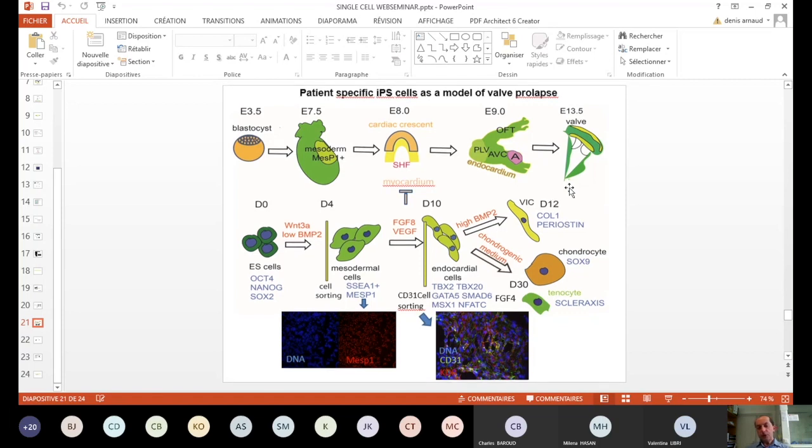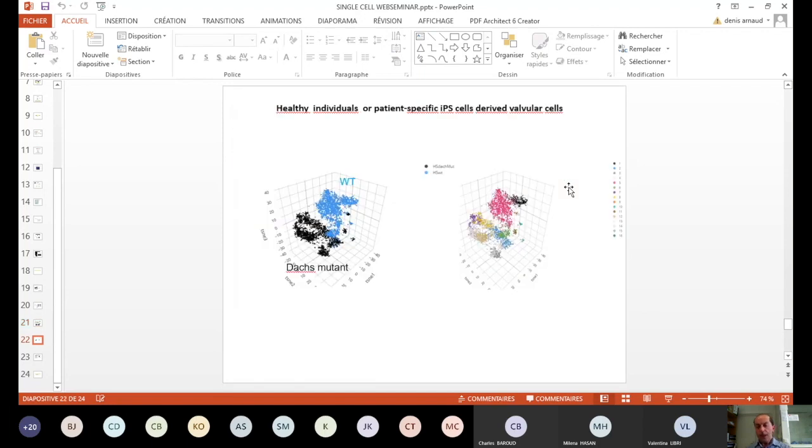So using this protocol, we differentiated the iPS cells from these patients affected by these DCHS1 mutations and this mitral valve prolapse, and of course normal iPS from healthy people. And again, we did single cell sequencing of these cells when they are fully differentiated in valvular cells. And you see in blue the wild type, and in black the mutated cells.